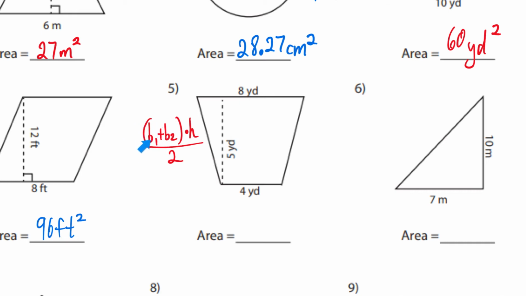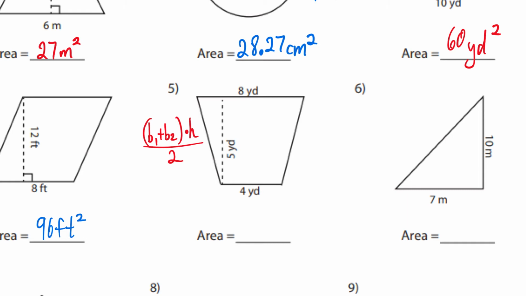Because if you left it base 1 plus base 2, you would be doubling it. Another way you could write it is base 1 plus base 2 divided by 2 times the height. That'd be the same thing.